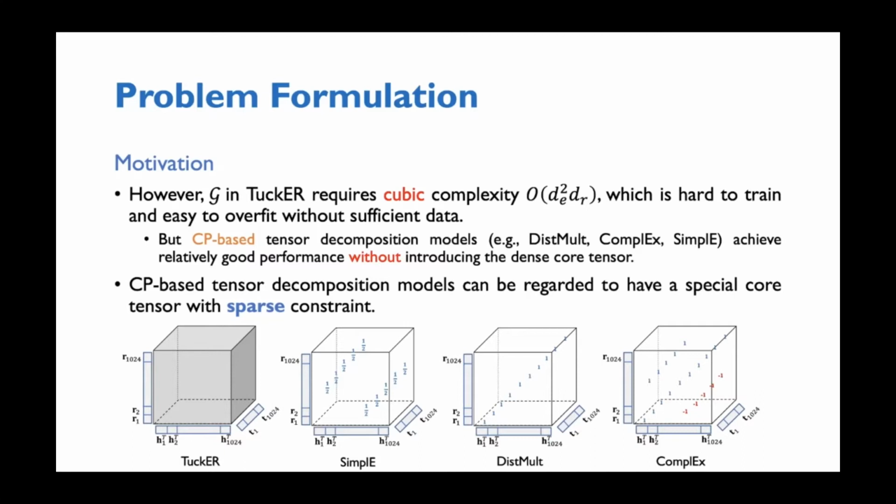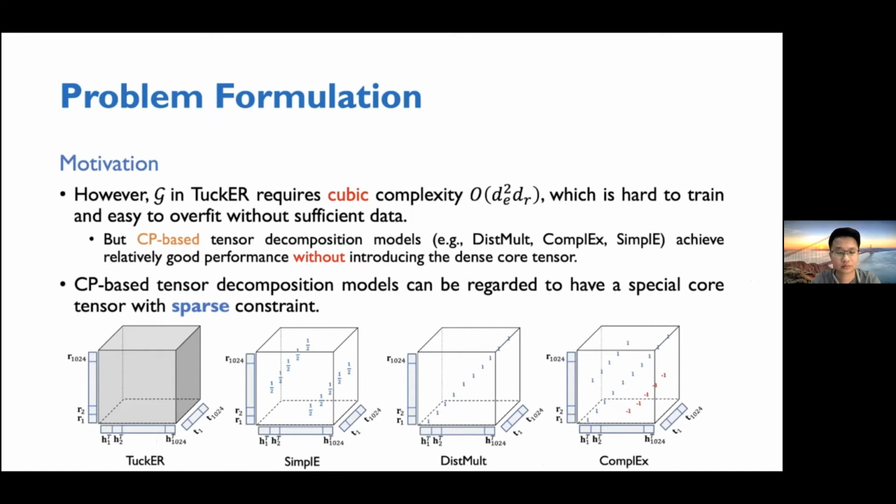So we have one question. Is it essential to learn a core tensor with so many trainable parameters to model the interaction between the entity embeddings and the relation embeddings?